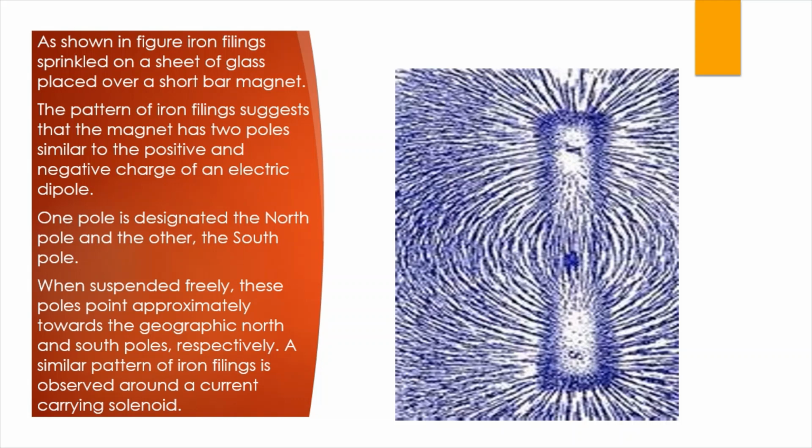If instead of this bar magnet we take a current carrying solenoid, where DC current is flowing through the solenoid, and we sprinkle iron filings on the cardboard placed above that solenoid, then we get exactly a similar pattern of the iron filings. Hence we can say that a bar magnet and the current carrying solenoid are exactly the same, or equivalent.